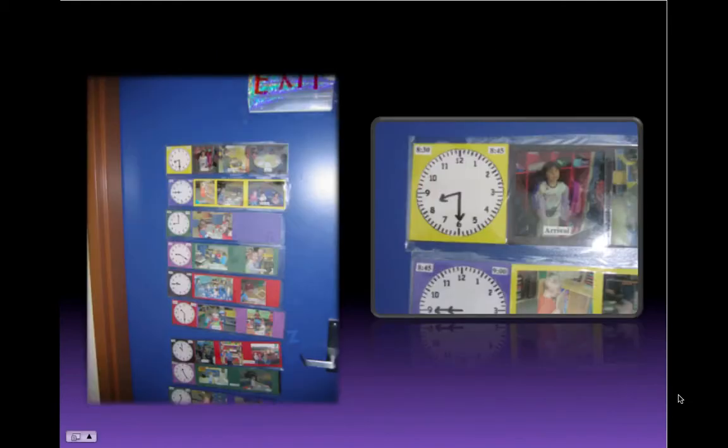Here's another photographic visual schedule using the time clock. And this one also includes a few small routines within the activity time.